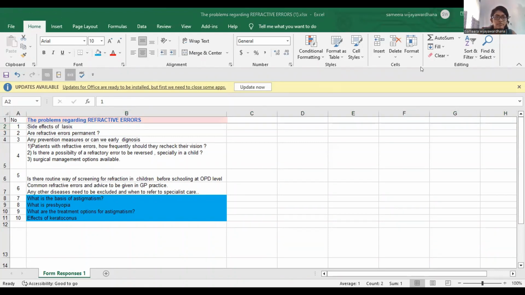So, side effects of LASIK surgery can be of two types. One type of problem associated with LASIK is flap related. You make a corneal flap initially before you use the excimer laser.